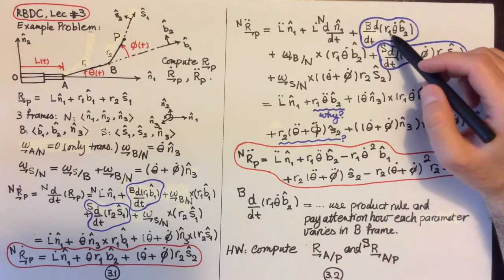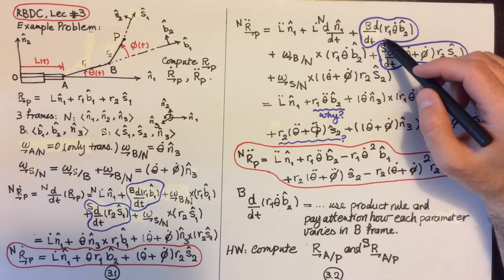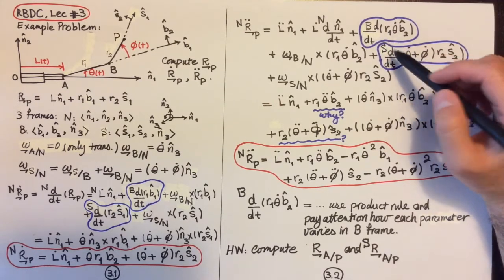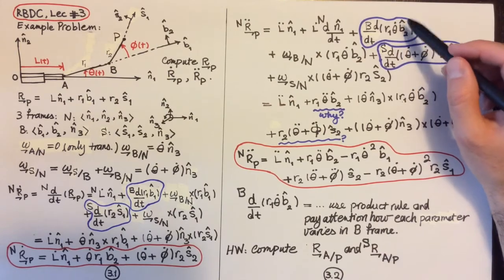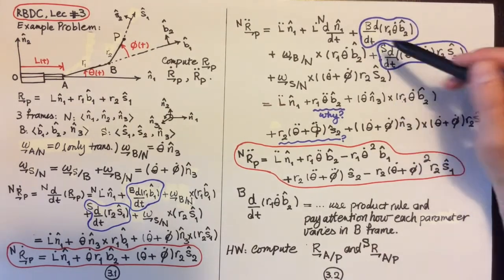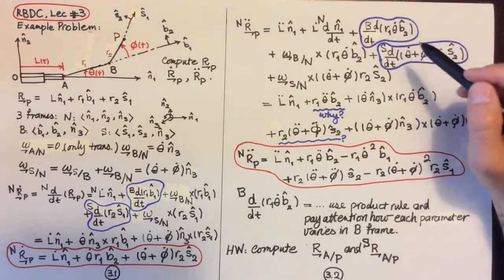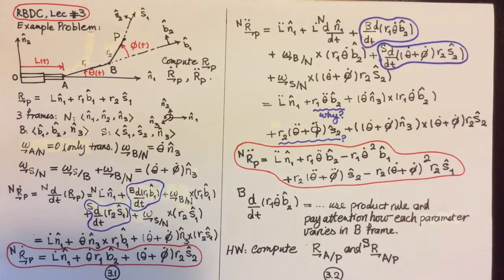You're going to clearly see that R1 dot goes to 0, and B2 hat dot in the B frame goes to 0. But how about theta dot? When you differentiate it with respect to time, theta double dot does not necessarily go to 0.